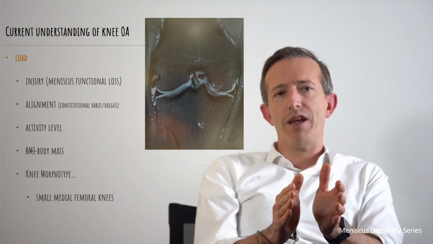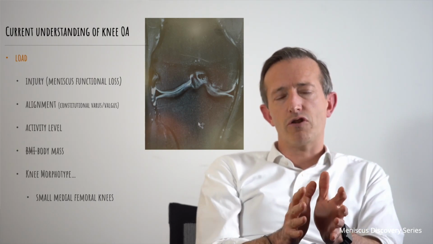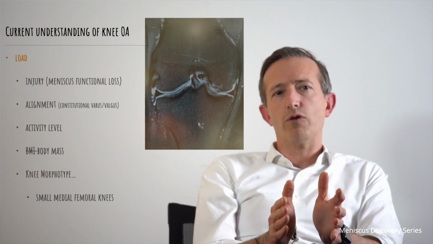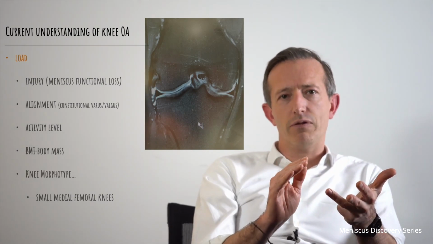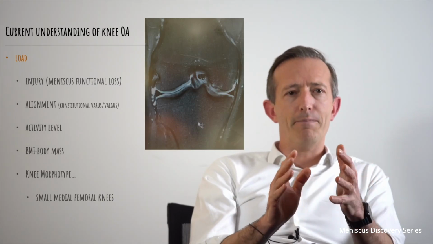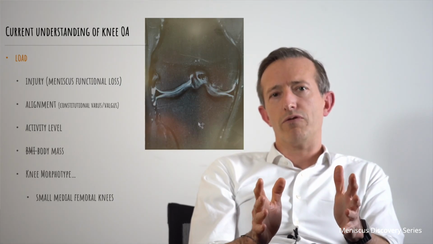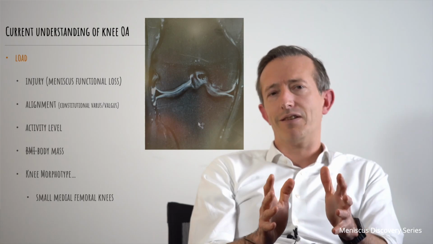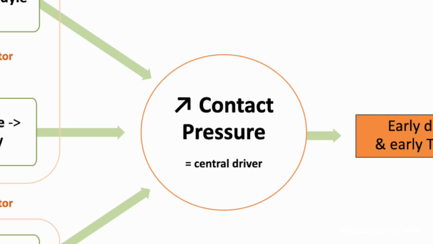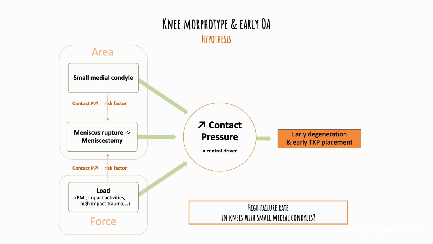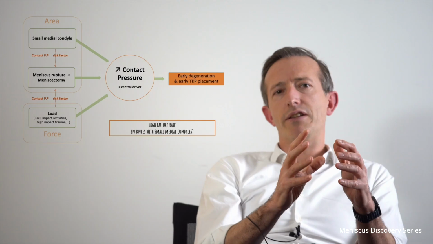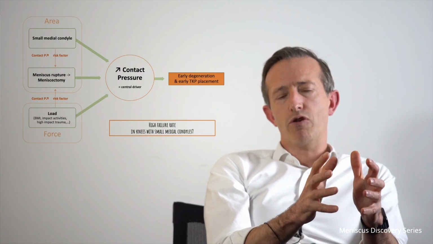And that was the explanation of a number of patients coming into my clinics with early onset OA, despite the fact that they were normal, no obesity, normal activity level, normal alignment, and still they had early onset osteoarthritis. They had early meniscus tears in the medial compartment. And all of this is driven by contact pressure. Most of us think about increased pressure, increased load in that medial compartment.